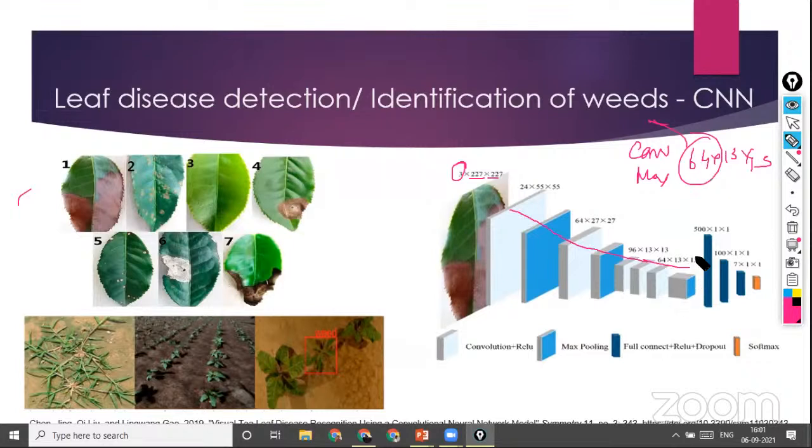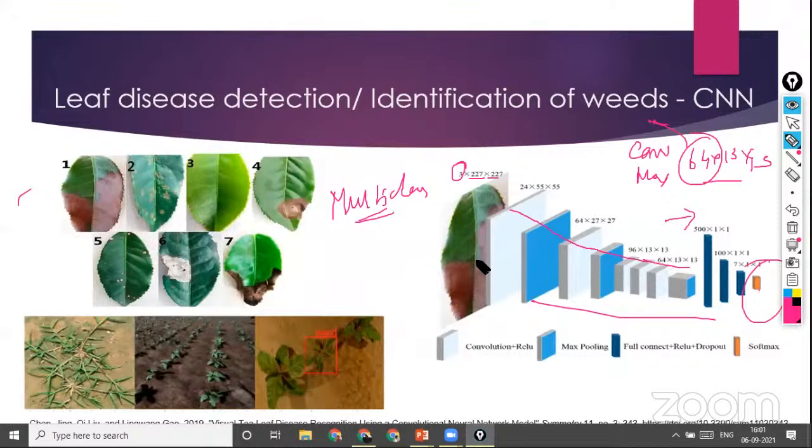We flatten the data and connect the convolutional neural network to a deep neural network. This is our final function that we call a softmax function, because it's a multi-class problem. Earlier we have seen binary classification. This is multi-class, where you have a total of 7 classes, and you will be able to find which kind of disease it is. So you do the training, you do the backpropagation, and the convolutional neural network model will be learning.